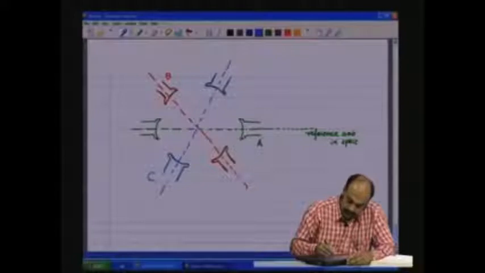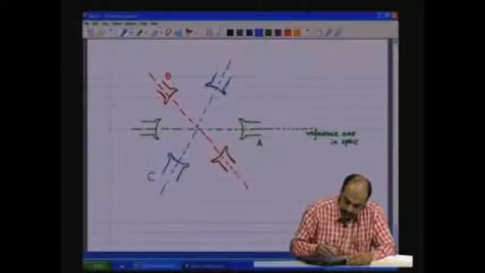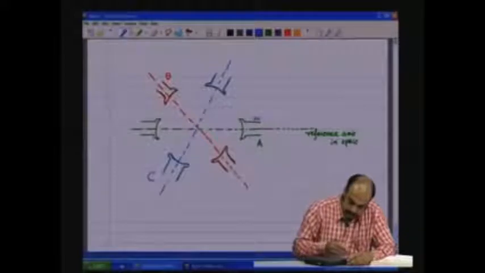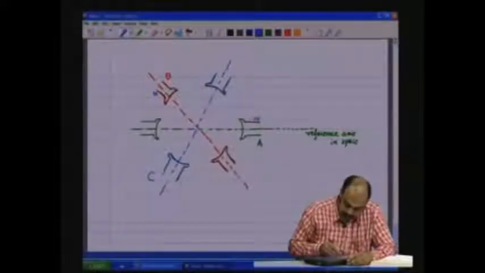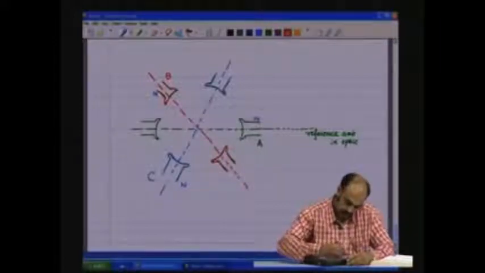If I mark the polarity in terms of dot or the north, let us say these are the norths, this is the north and this is the north. Okay.